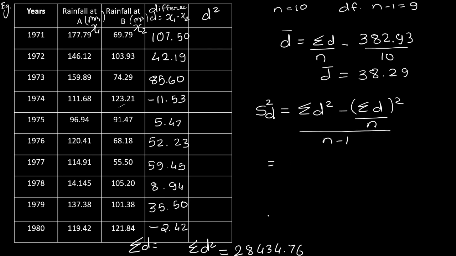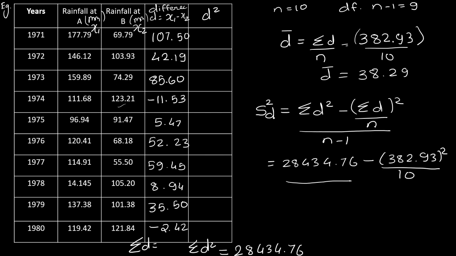Now summation D square is this value which we have found, that is 28434.76, minus summation D the whole square, that is 382.93 the whole square, divided by n, my 10, the whole divided by n minus 1, that is 10 minus 1, 9.